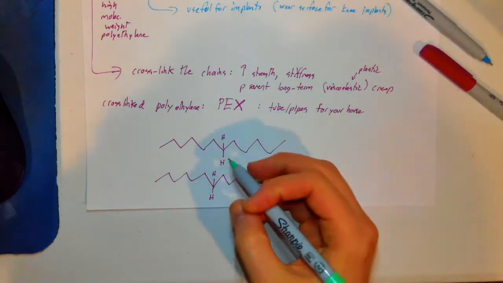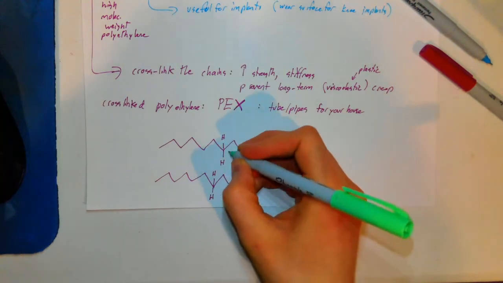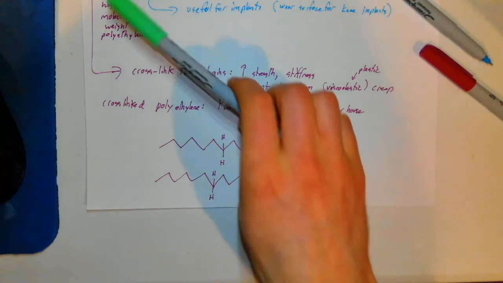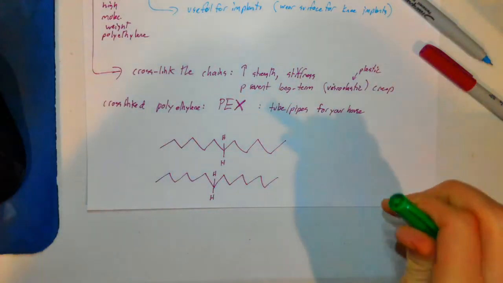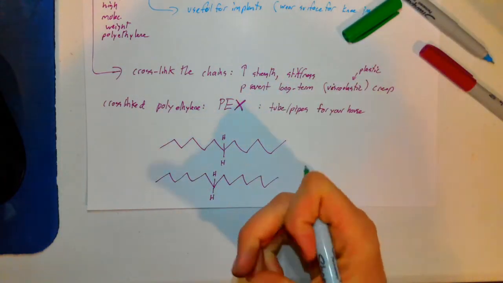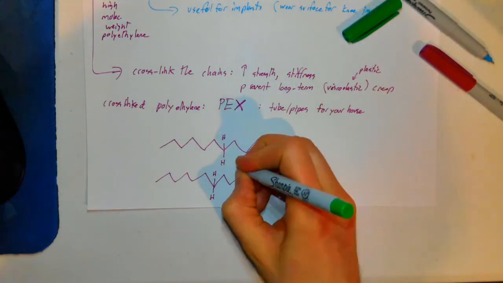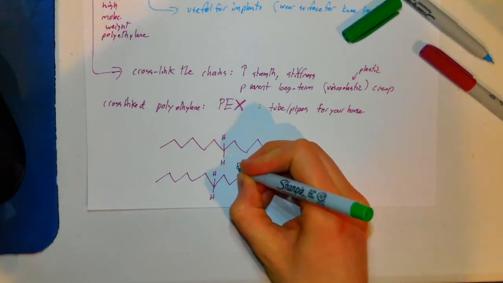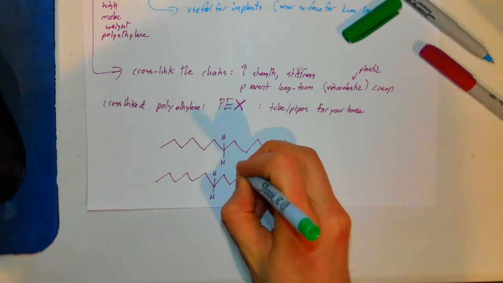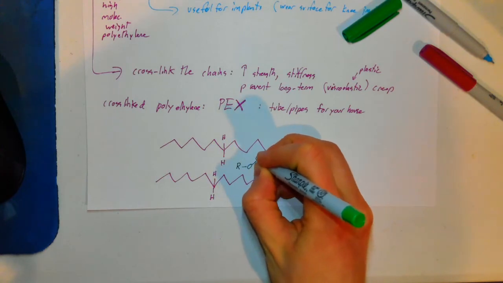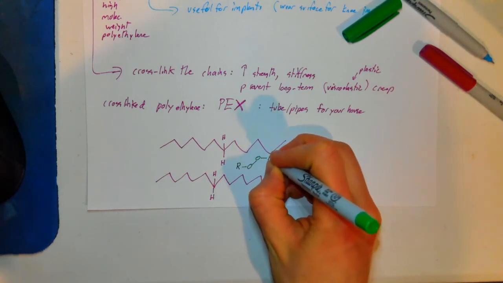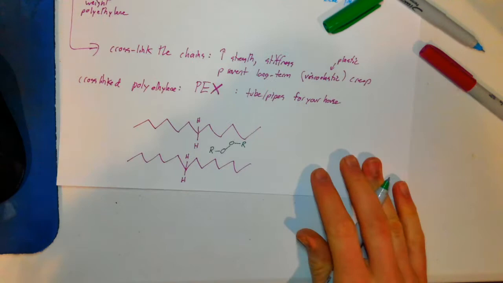Well, it turns out what you can do is you can basically have this plus a radical initiator. If you remember, these radical initiators had some molecule or molecular motif, I'll call it R, and they might have an oxygen single bond, and then another R right here.